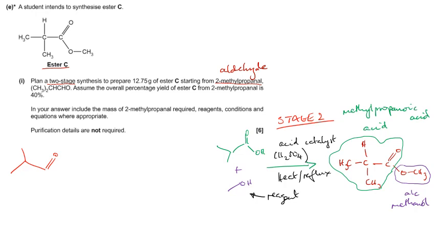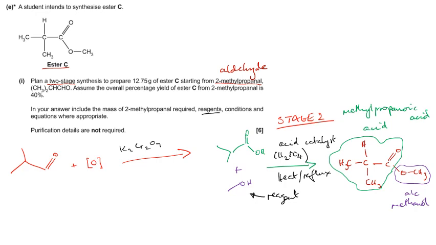We have to remember that we're going to add oxygen. We don't need the mechanism, so we can just call it oxygen in square brackets, and we're going to turn that into our acid, our methyl propanoic acid. How do we do that? Well, we do that with acidified dichromate, but notice it says reagent, so we can't just write dichromate.